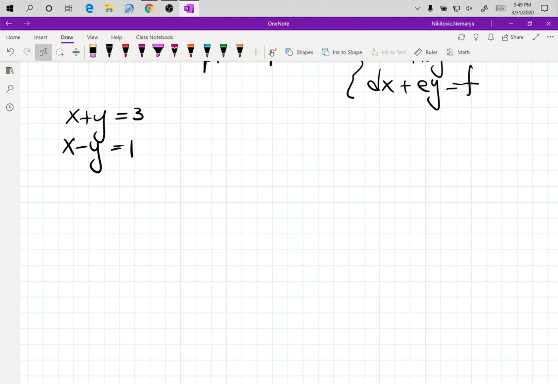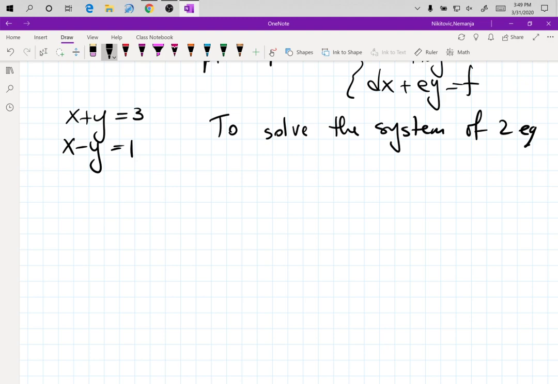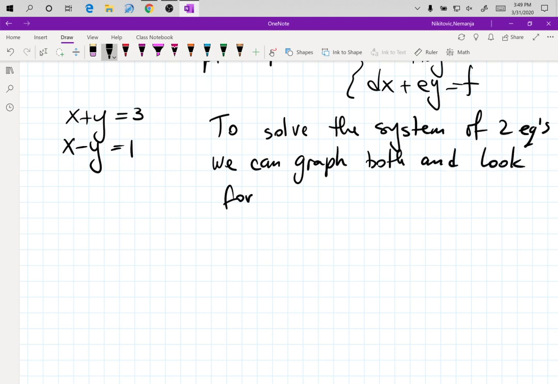So to solve the system, we graph. To solve the system of two equations, we can graph both and look for the intersection.